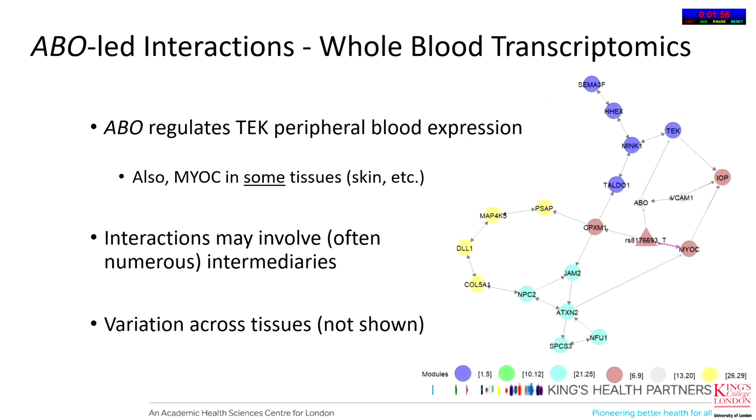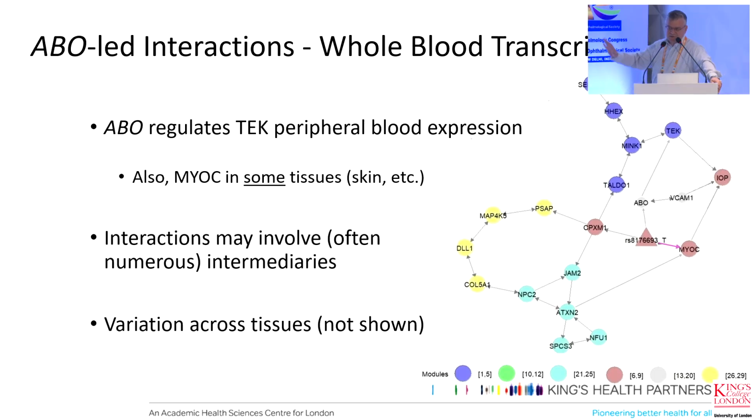I knew that time would be very short, but using this simplified Mendelian randomization at mass scale and using some pretty stringent false discovery rates, we discovered quite a few relationships that we believe are quite convincing. Here I'm showing a part of the picture that is slowly emerging, and we see even at the whole blood transcriptomics level that the ABO locus has the ability to regulate the TEC peripheral expression in the blood.